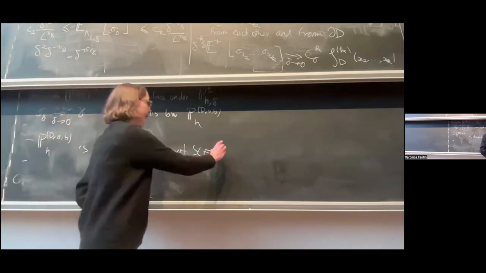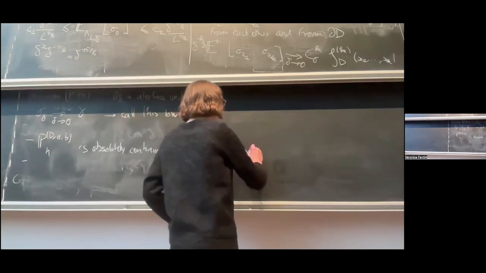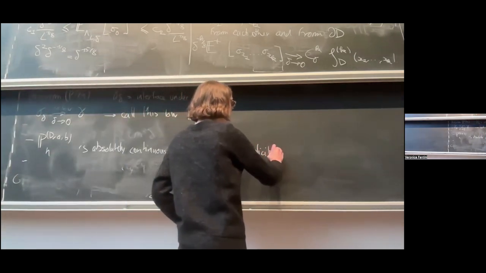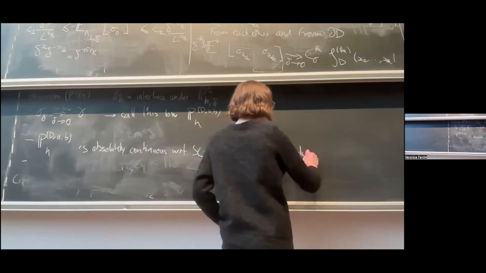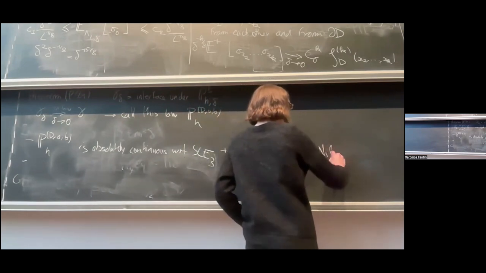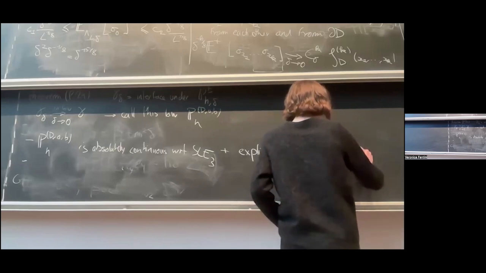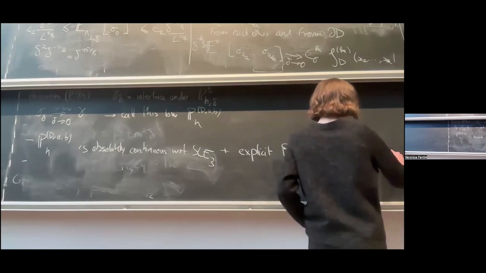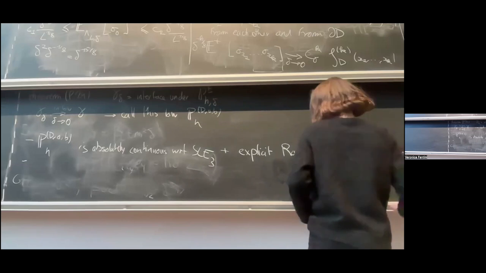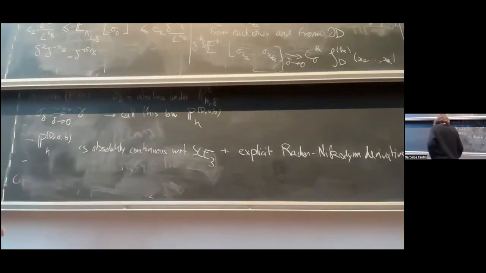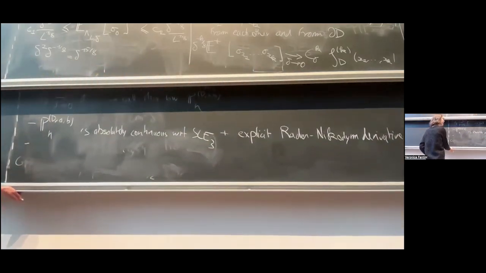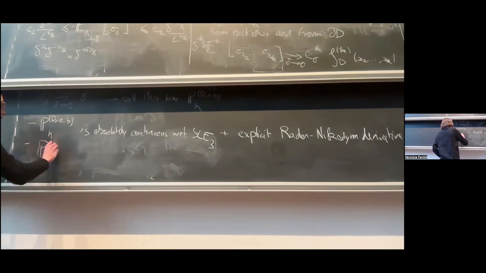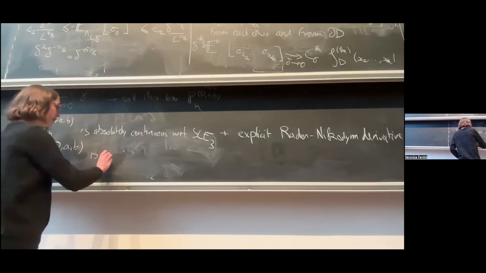Then you have an explicit Radon-Nikodym derivative. I won't give the expression here because it's a bit long to write, but I'm happy to discuss it afterwards. The second part of the Mackey-Fritsman conjecture is that this is conformally covariant, in the following sense.